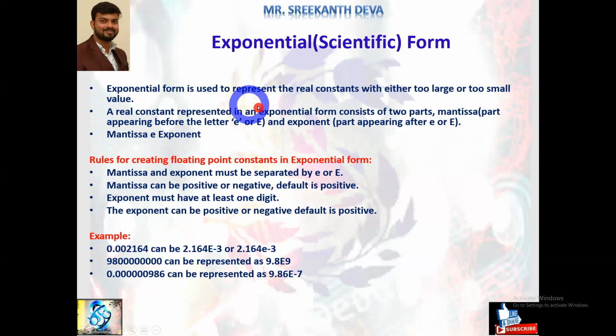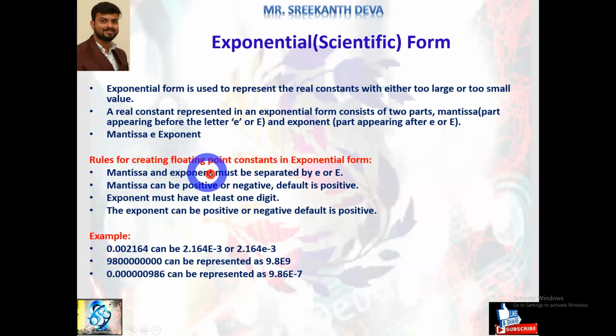Exponential scientific form. Exponential form is used to represent real constants with either very large or very small values. A real constant represented in exponential form consists of two parts: the mantissa, appearing before the letter small e or capital E, and the exponent, appearing after it. The syntax is mantissa, E, exponent.